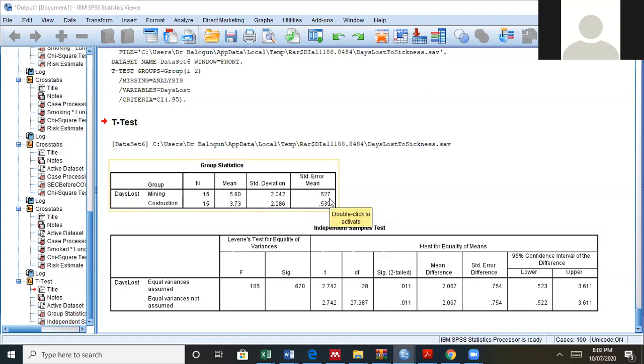Yes, thank you. Now, there is a test called Levene's test to test if the variance is homogeneous. That is when you run an independent sample test, because you are dealing with two groups. You will see they incorporate Levene's test for equality of variance here.